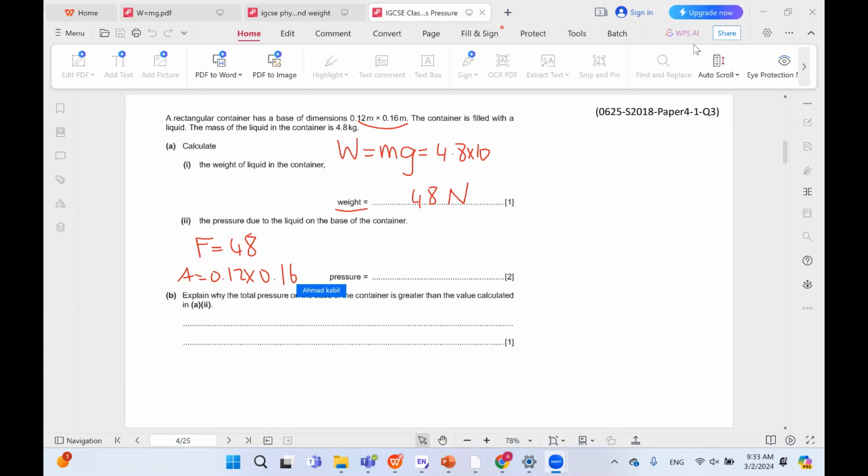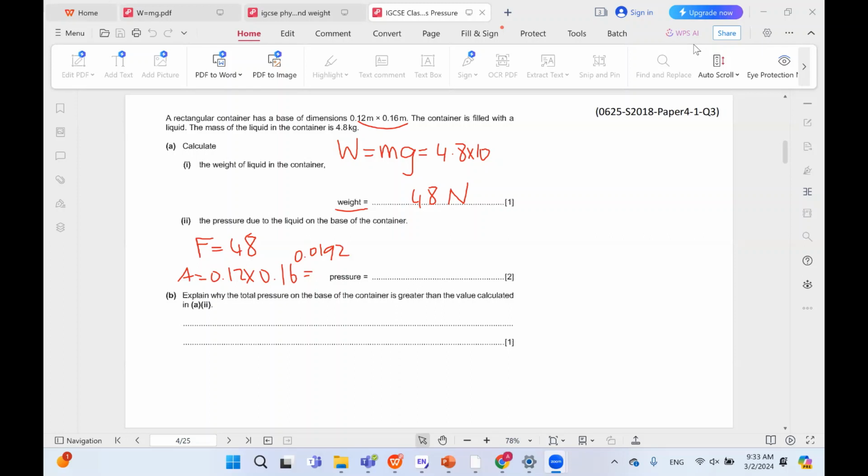So we just use the calculator to figure this out. So 0.12 on the calculator multiplied by 0.16. This shall give us 0.0192. So this would be the area.